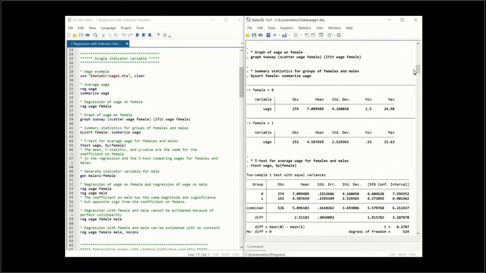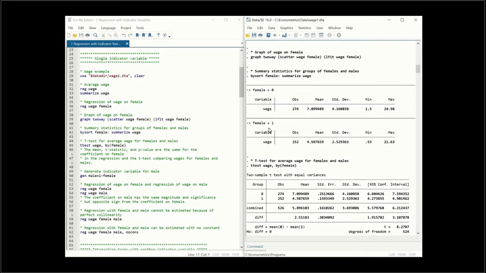So if we look at the summary statistics for groups of males and females, we can bysort female and then summarize wage. So this means summarize wage for the groups of male and female. And this is what we see here. For female equals 0, so this is actually the group of males, the average wage is $7.10.